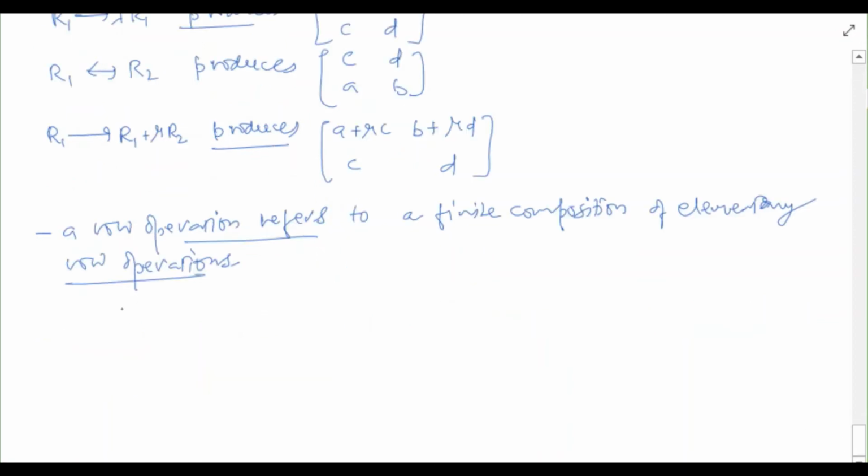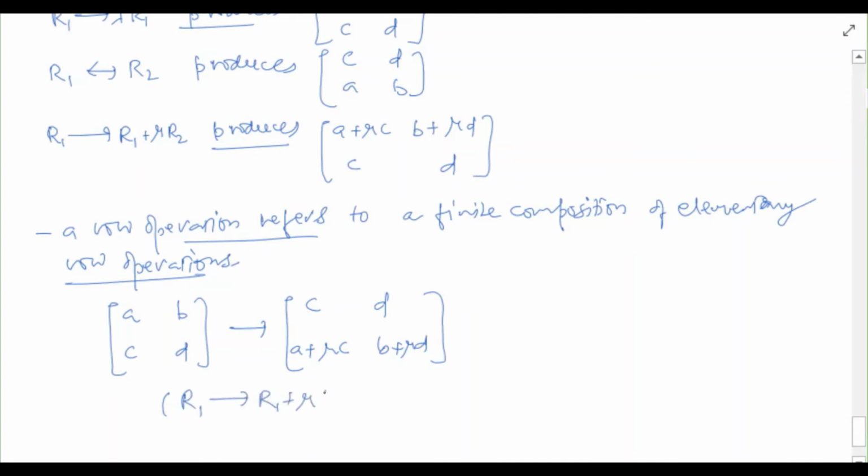For example, an operation that maps a matrix with rows A, B to A plus mu C, B plus mu D is a row operation because this conversion is obtained by iteratively applying two elementary row operations, namely R1 to R1 plus mu R2 and then exchange of R1 and R2.